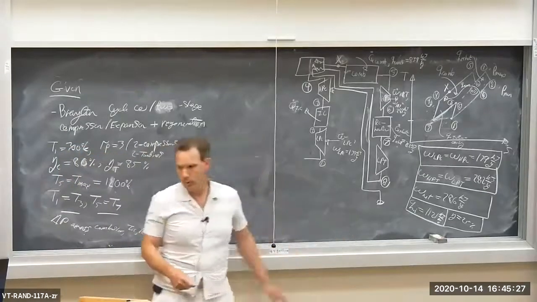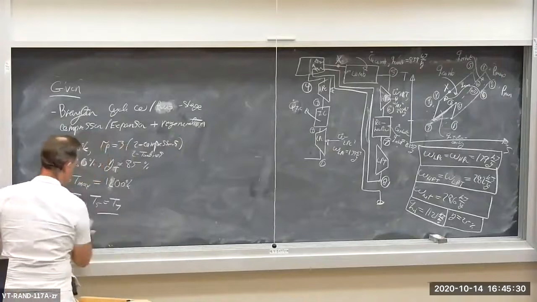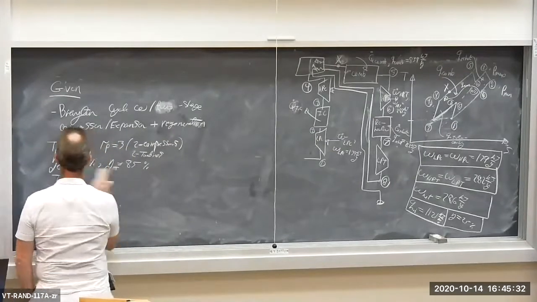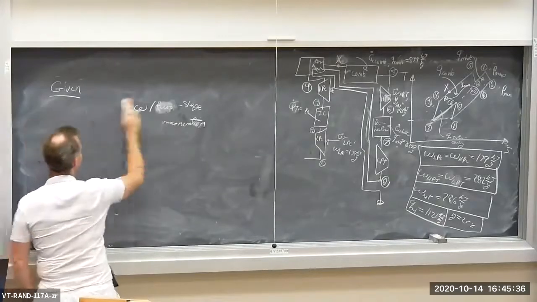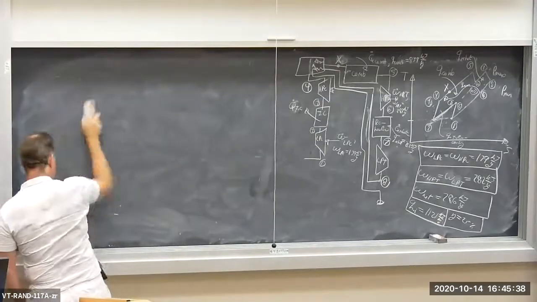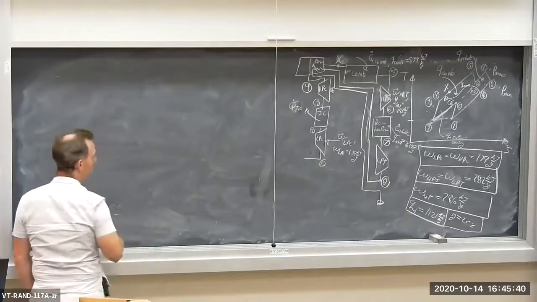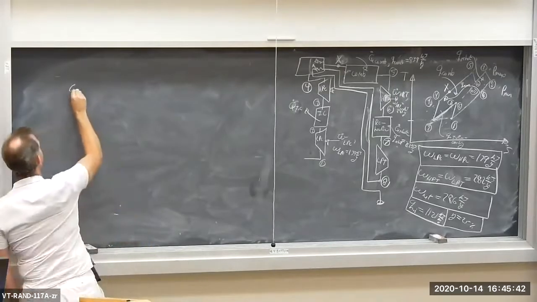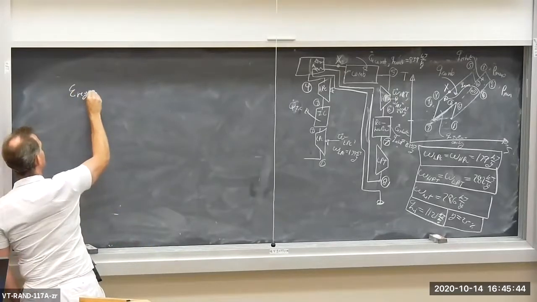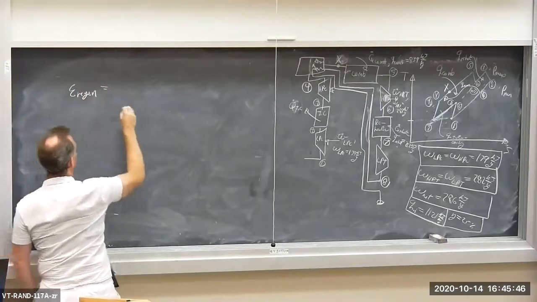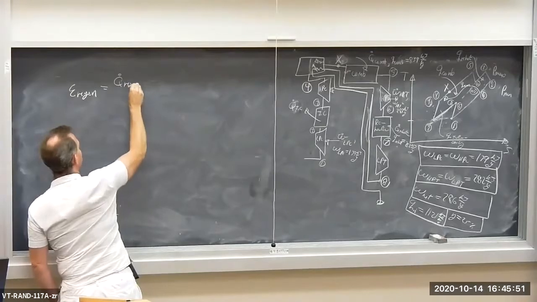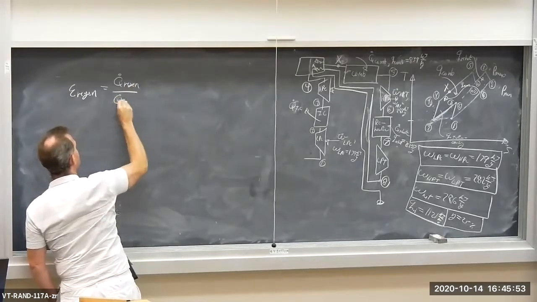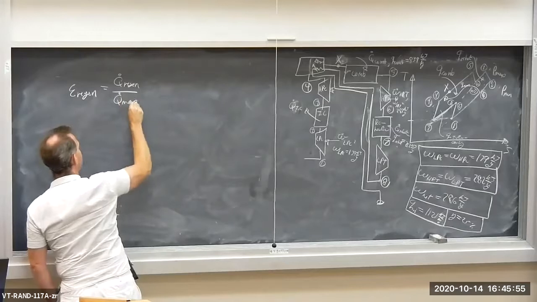Now, let's write down the equation for the effectiveness. Let's apply the regenerator effectiveness to this problem. So effectiveness regen, and that's 75% by the way, is equal to Q dot regen over Q dot max.